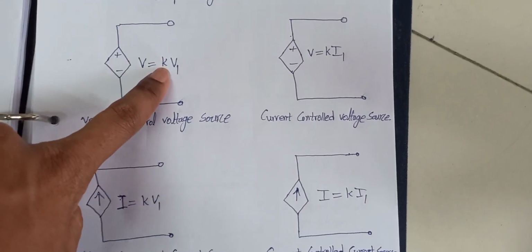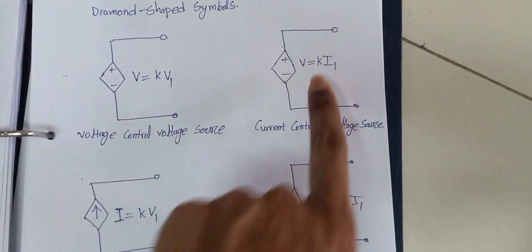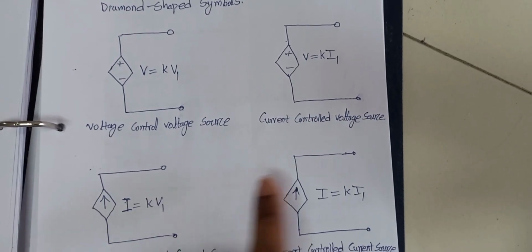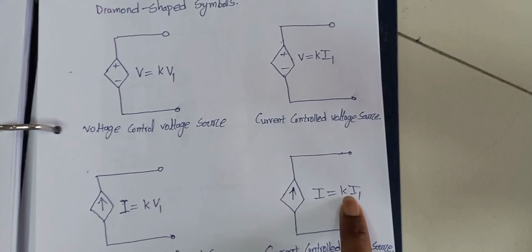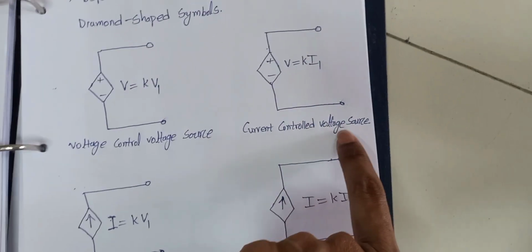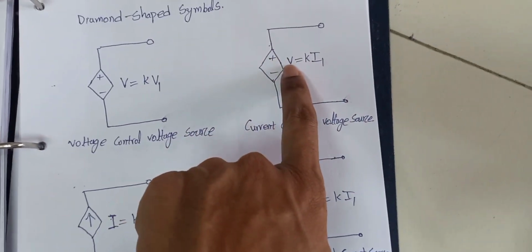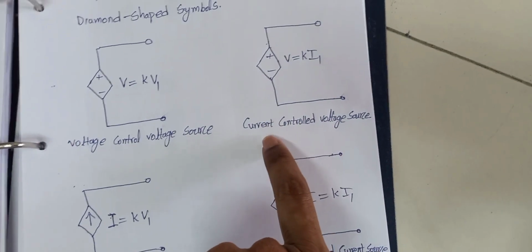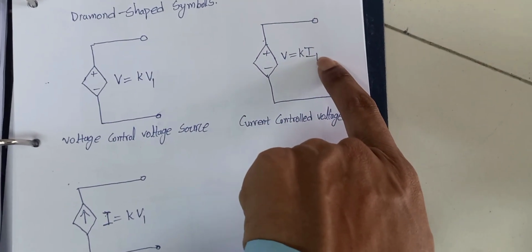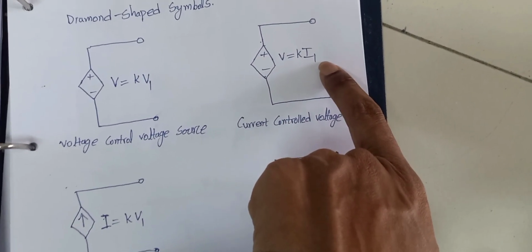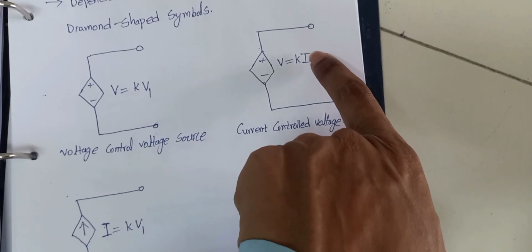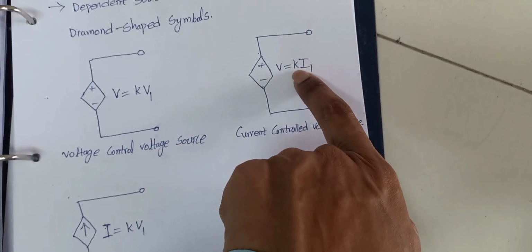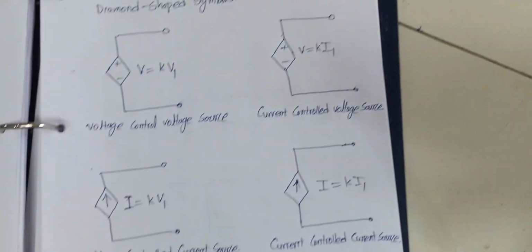Here also a constant is there, and here also a constant is there, and in current controlling also there is a constant and there is a constant. Here also it is a voltage source, that's why I have mentioned voltage source on the left hand side, and this voltage source controls the current, that's why on the right hand side I have mentioned current. So I have mentioned I1, or otherwise you can take I suffix C, also not an issue. So constant K is common for all, you remember that.